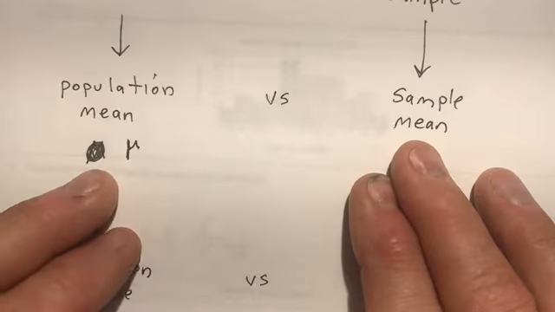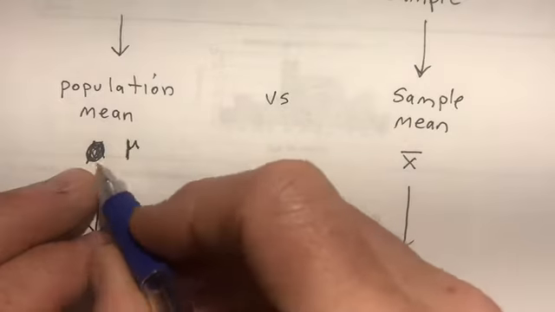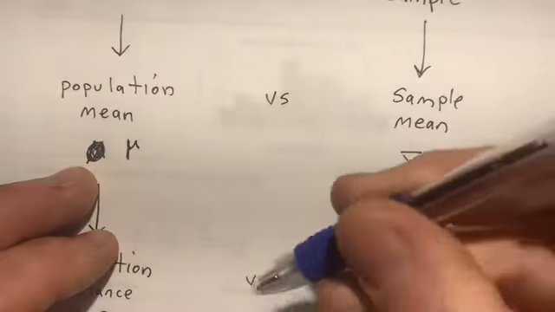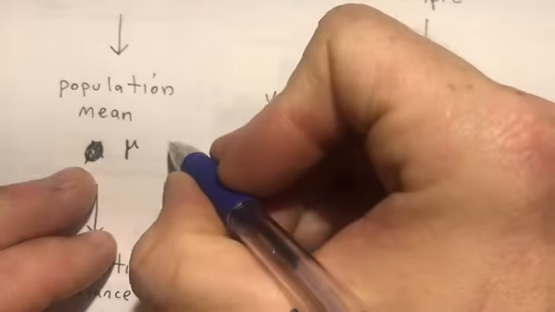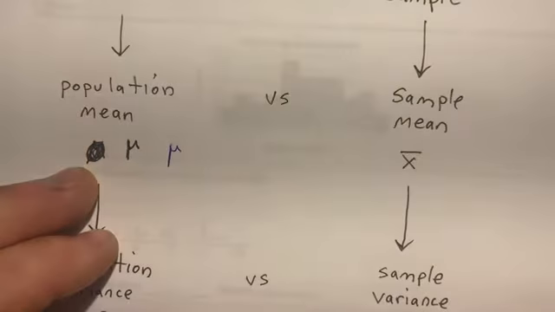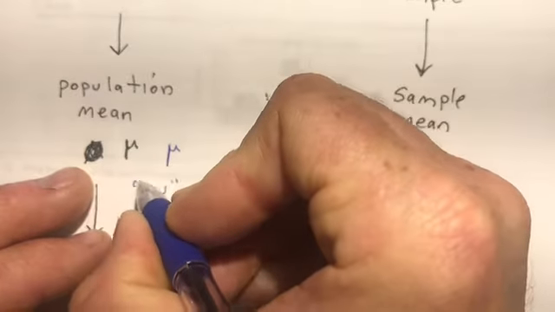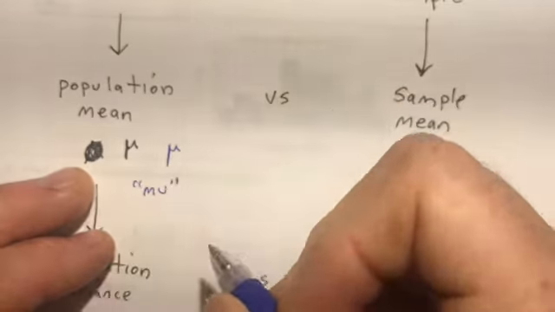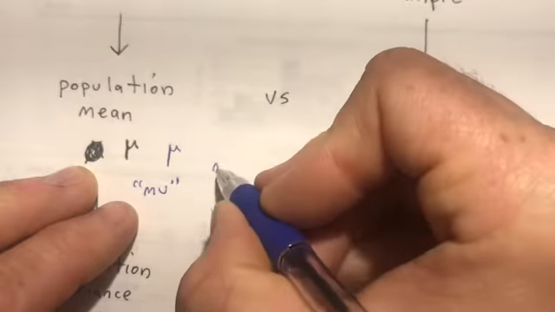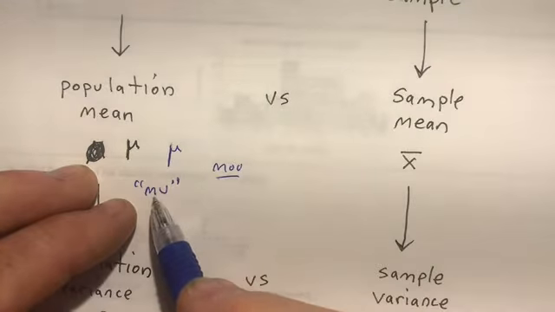Now the population mean is this little symbol right here. It looks like a U. I kind of messed up the first time I drew it. But it's basically like a U, but it's got this little thing that comes down like that. This is called mu. It sounds like moo, like a cow moos, but it's mu, M-U.